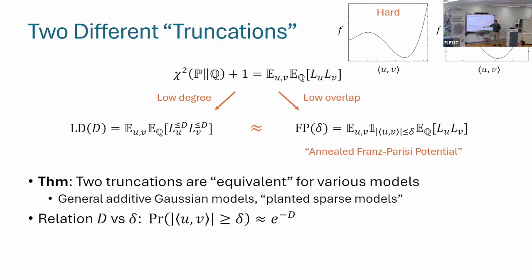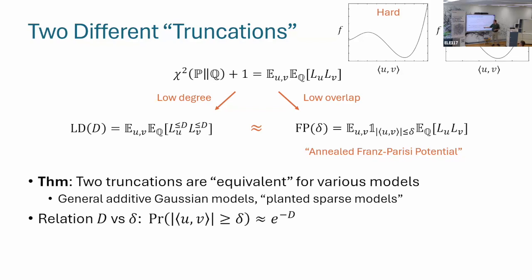So you can think of this as saying that if I were just picking UV pairs at random, sampling a UV pair, sampling another UV pair, and keep trying until I get overlap delta, how long would that take? Or in other words, the probability of it happening once is something like this.